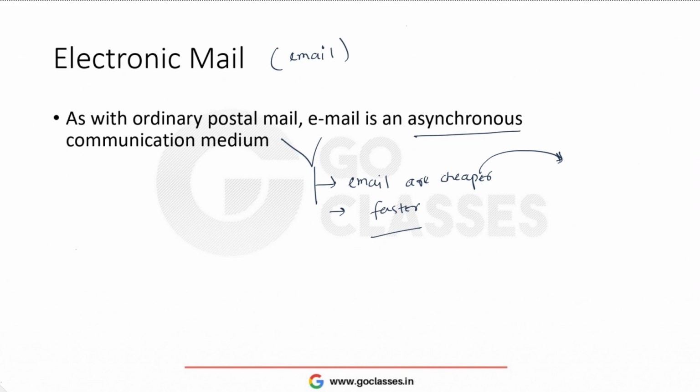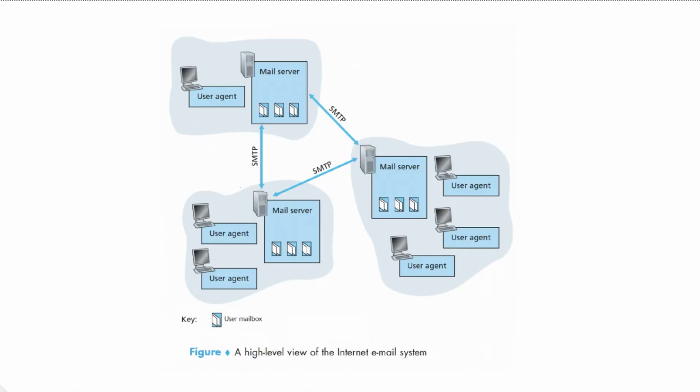Before we look into the protocols that we use in emails, let's see the overall architecture. Here you have different user agents, and suppose they want to send emails to each other. Suppose this user agent wants to send an email to that user agent. This user agent will first send the mail to its own local mail server. Then this mail server will send the mail to the other user agent's mail server, and then that mail server will send the mail to the user agent.